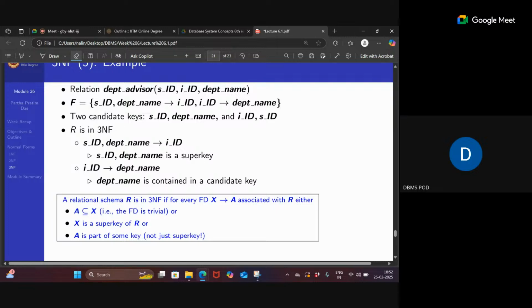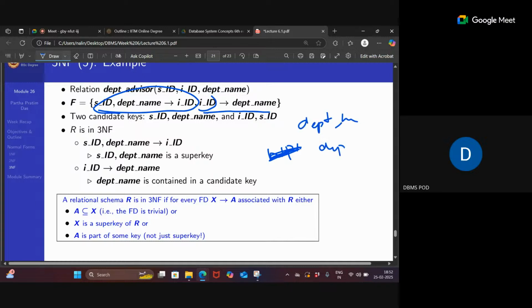SID, department name determining IID is a valid dependency because X is the candidate key, and IID determines department name. So it is valid, right? It is not a non-prime attribute determining a non-prime attribute. If you do department name minus IID, what will we get?